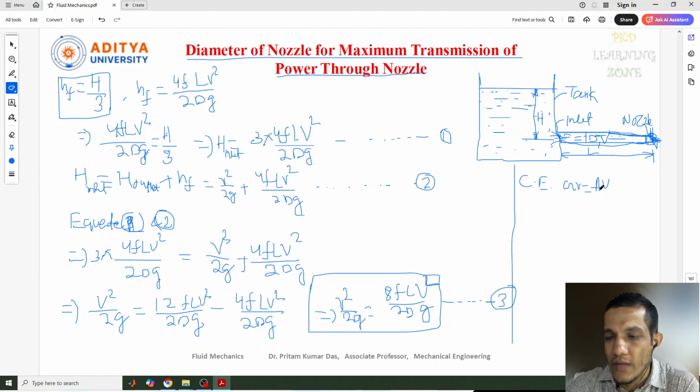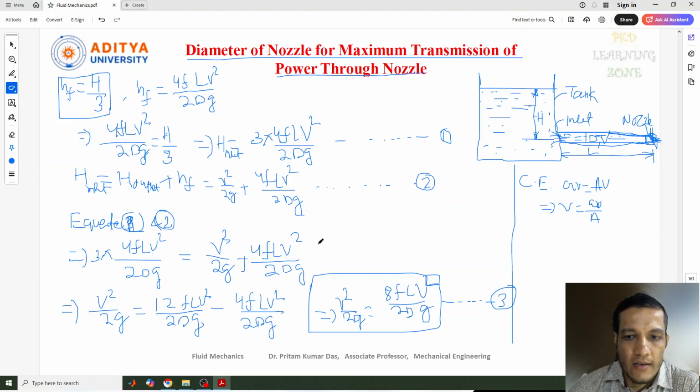And capital A capital V is the area of the pipe and the velocity of the fluid flowing through the pipe. So here we can write the velocity capital V equal to small a small v by A. Now just put this value in this equation.